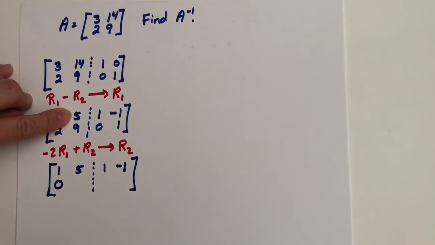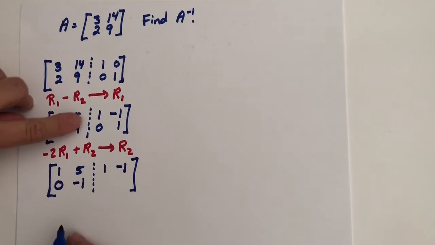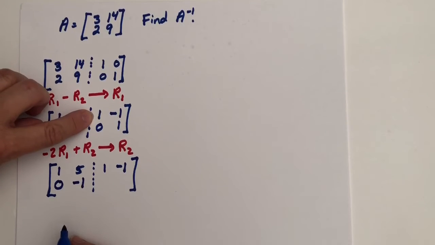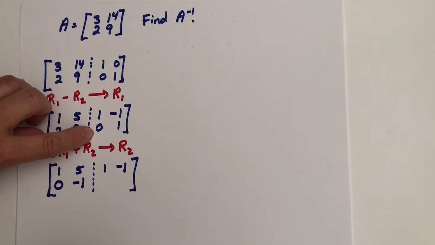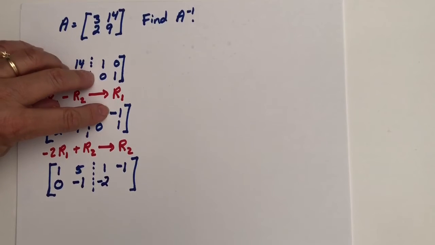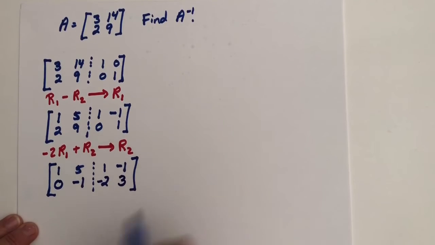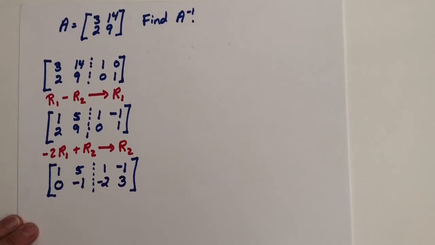Negative 2 times 5 is negative 10. Plus 9 is negative 1. Negative 2 times 1 is negative 2. Plus 0 is negative 2. Negative 2 times negative 1 is 2. Plus 1 is 3. And our matrix looks like this.